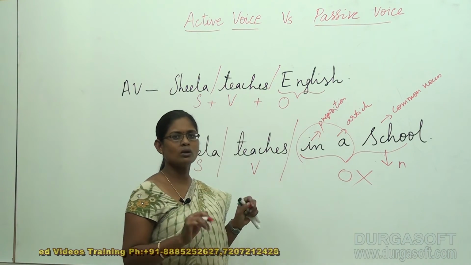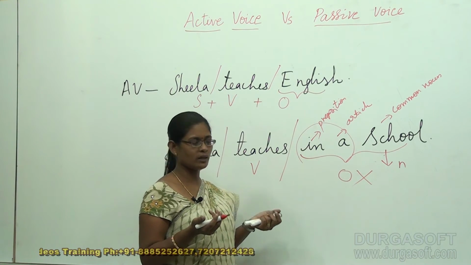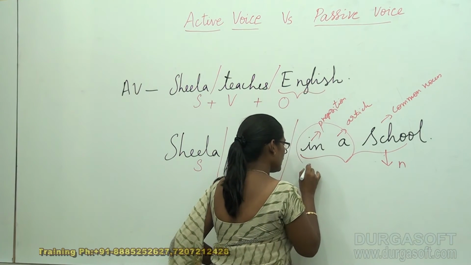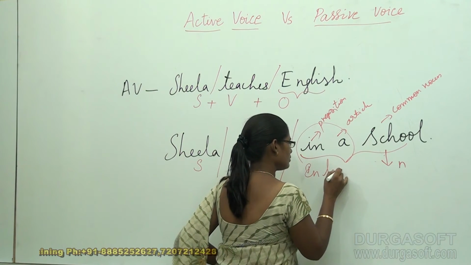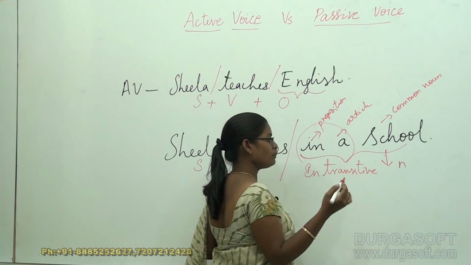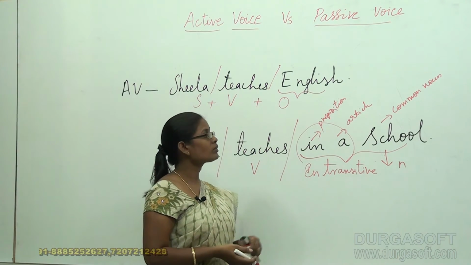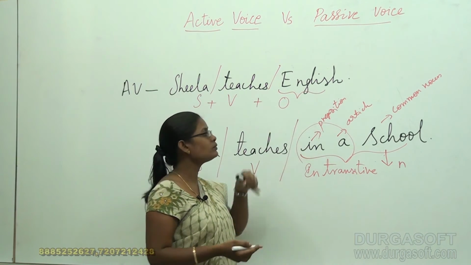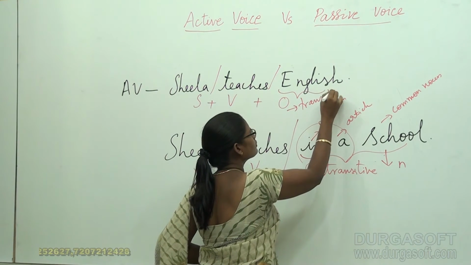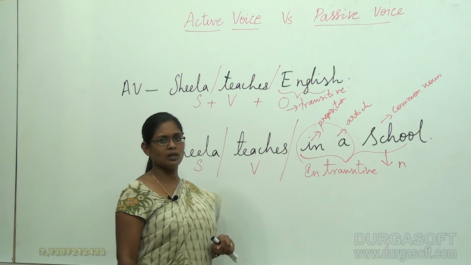It is not object, so I cannot name it that. Alright, so I am just calling it intransitive. That means it cannot be transferred. It is intransitive. And coming to this part, this is transitive. It can be transferred. Okay.